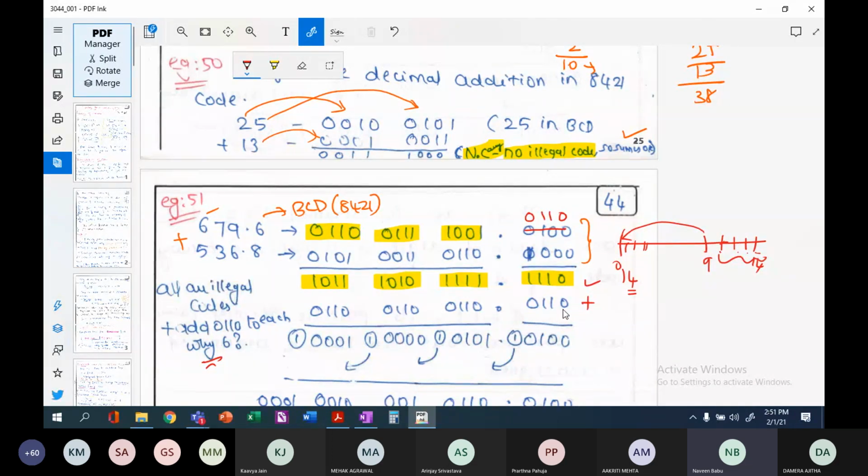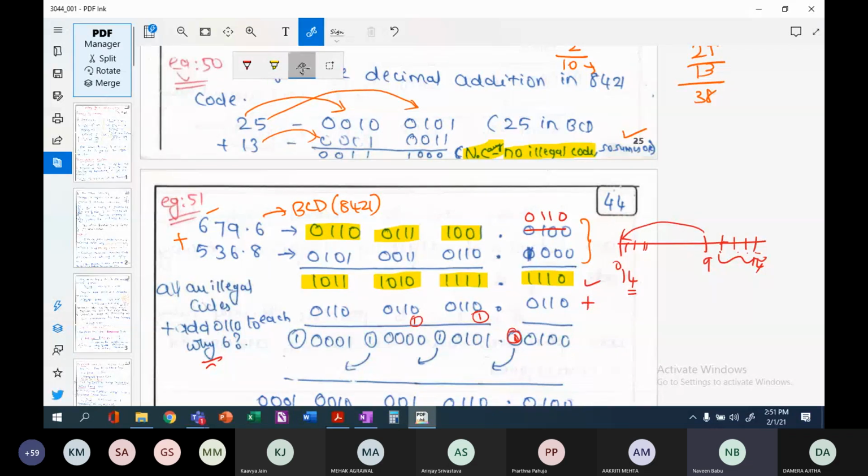When you add 6, what happens? Still there will be a problem. When you add the bits, you get a carry again here. This carry will be added to this particular one, as simple as that. If you get a carry here, you add it to this one.